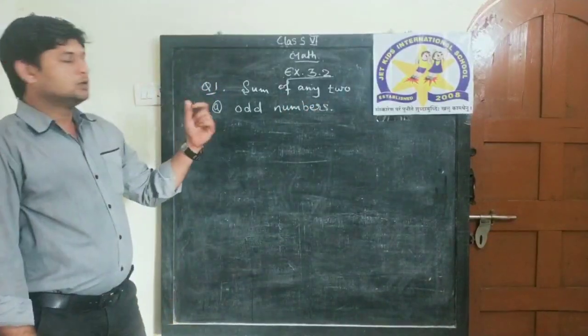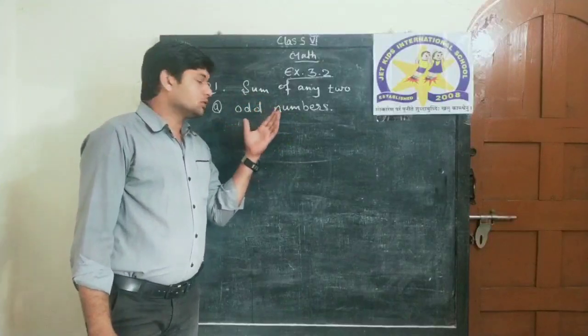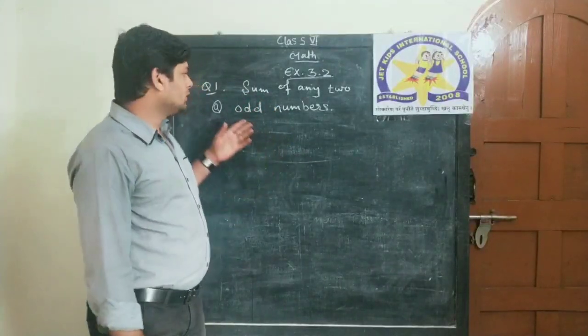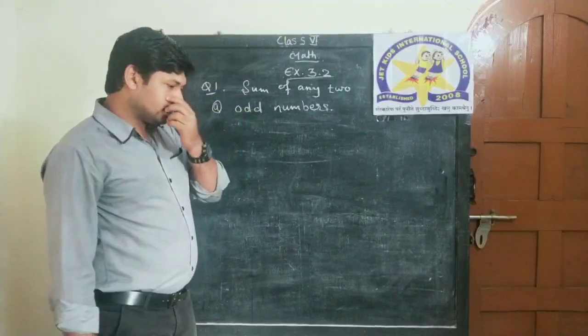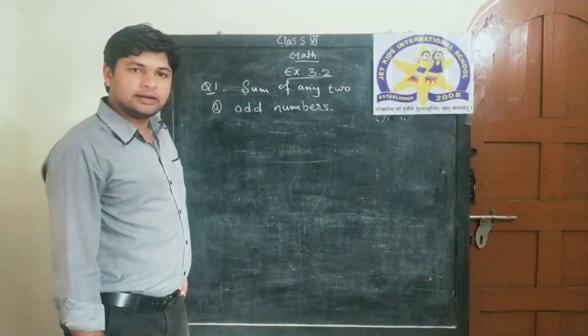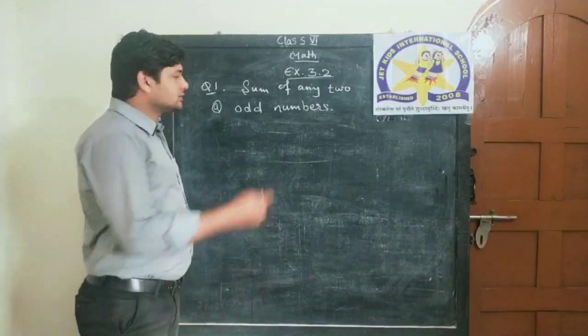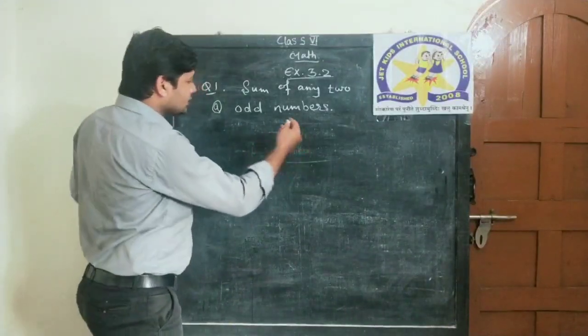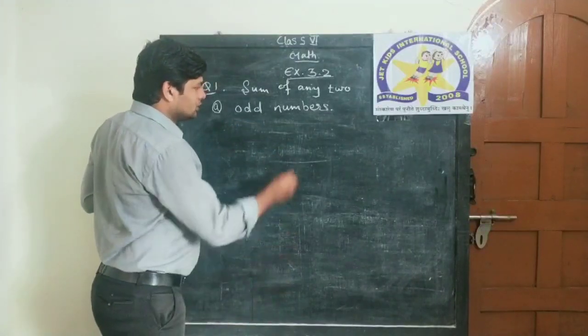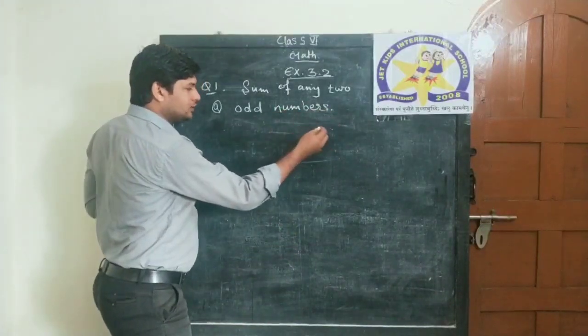To solve this question, first you should be aware of what is meant by an odd number, and I have already told you: a number which is not divisible by 2 is known as an odd number. Clear? So let us start with the sum of any two odd numbers.